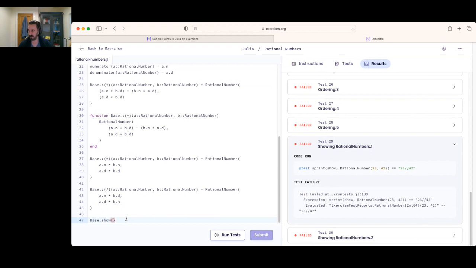Now base.show needs an IO, and then our element is going to be a rational number. I think that's what base.show requires. I could look it up, but I'm fairly confident that's right.